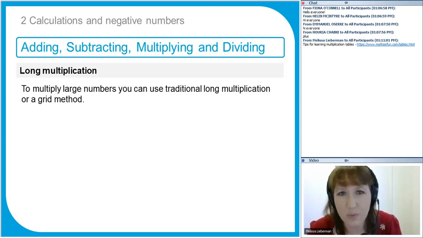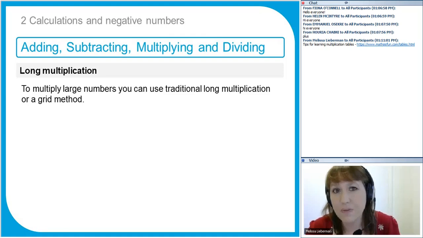Also depends on how old you are. If you're about my age, I learned using this traditional long multiplication method, which I'm going to show you right now. But if you're younger, you might have used the grid method at school, which is also a good method. And I'm going to show you both, not to confuse you, but so you can use the method that you feel most comfortable with. You can choose which one makes most sense to you.